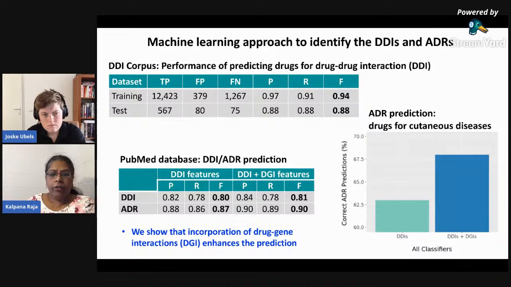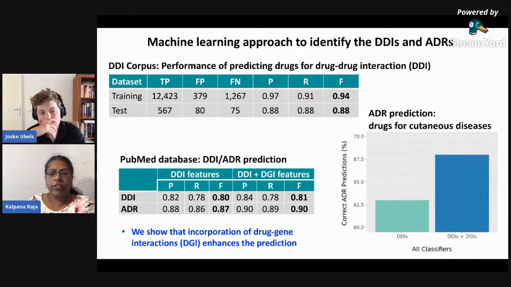So here I have to report on 2 sets of features: drug-drug interaction features, and drug-drug interaction and drug-gene interaction features together. For drug-drug interaction features, we achieved 0.80 F score for predicting drug-drug interaction and 0.87 for ADR.